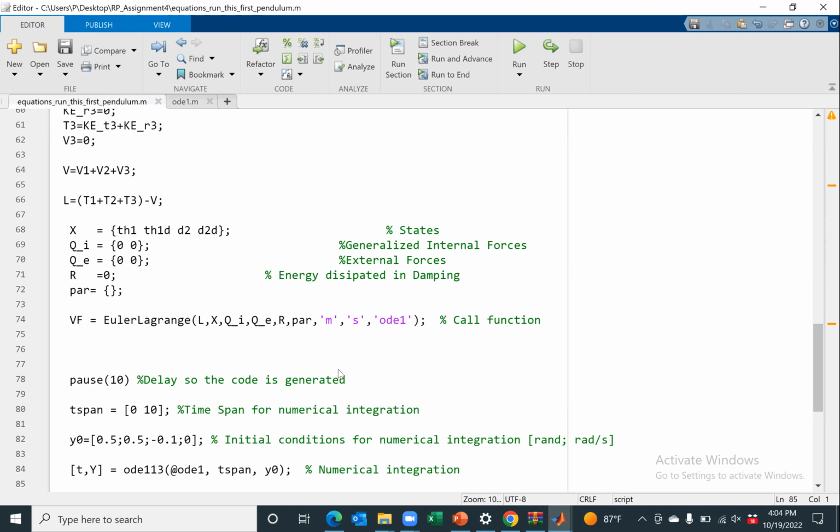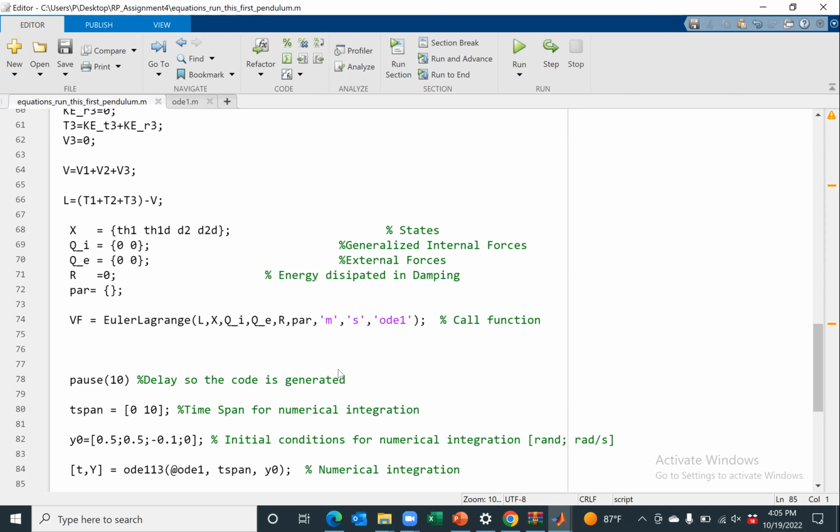Then this is the numerical integration of the MATLAB code. T, Y, I'm using ODE113. You can use ODE45 or whatever solver you want. The function that you are integrating, the name of this function, ODE1, should be the same as this function. Do you agree with me? Because this is the MATLAB function that you are creating, that needs to be integrated. So @ODE1, T span 0 to 10 seconds, Y0, which are the initial conditions over here.